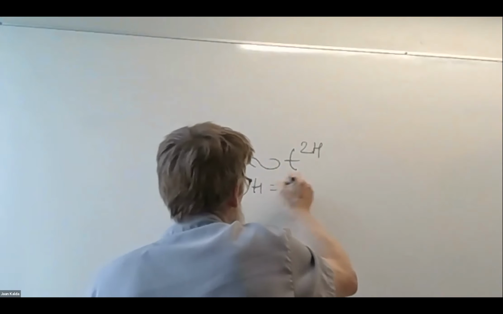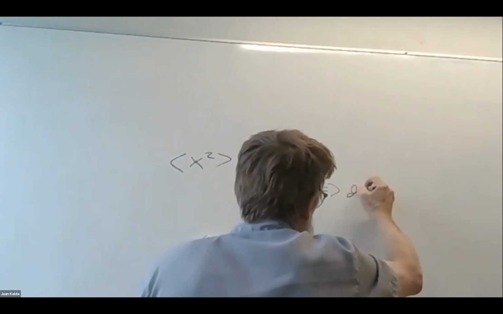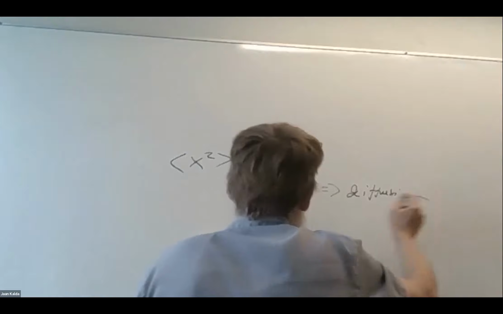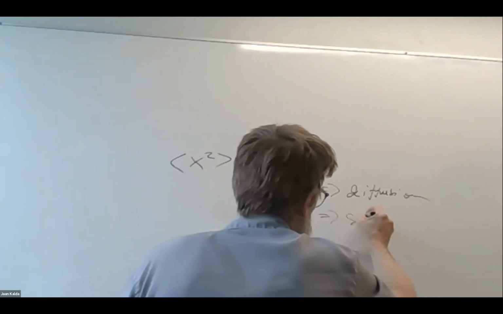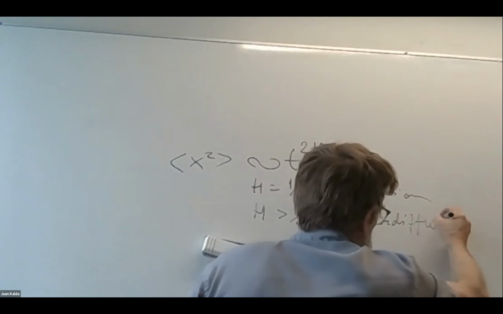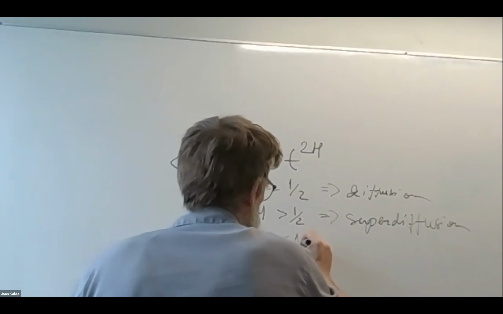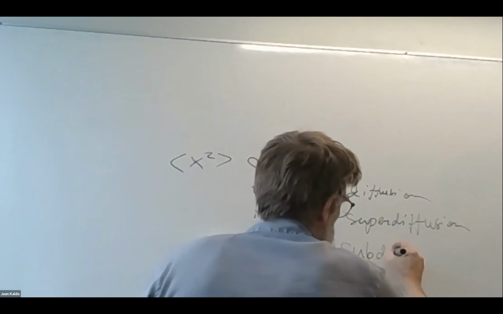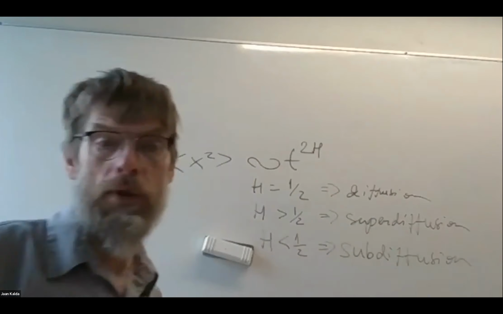If h is 1/2, meaning that the exponent is 1, then we have diffusion. If h is larger than 1/2, then we have superdiffusion. And if h is smaller than 1/2, then we have subdiffusion.